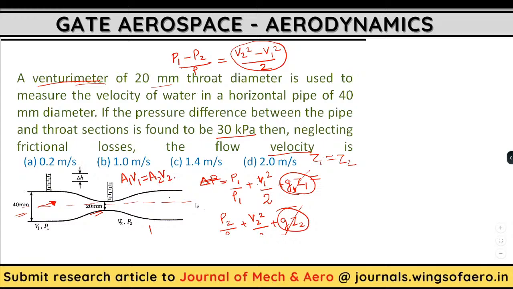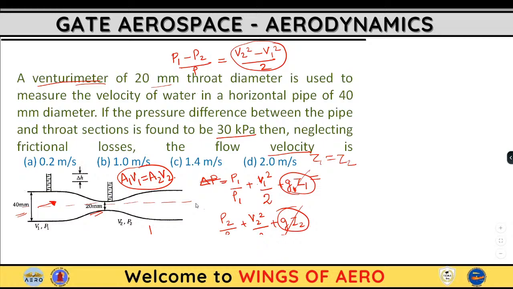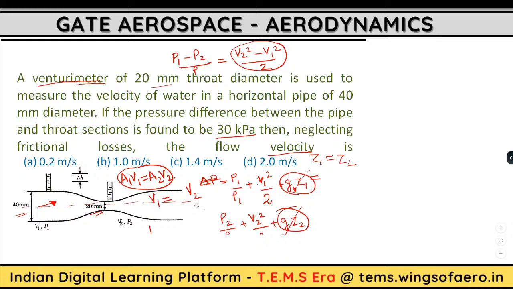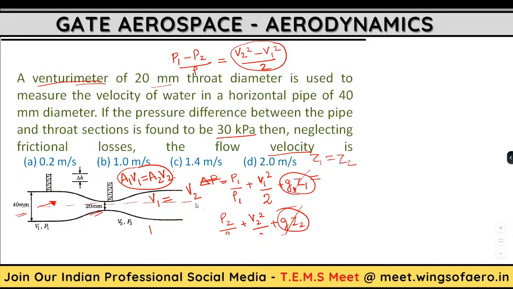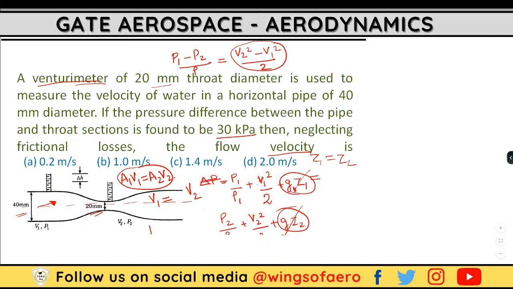Can I use A1 V1 equals A2 V2? Right? So please use this formula and tell me how V1 is related with V2. Let me know. Tell me the answer.